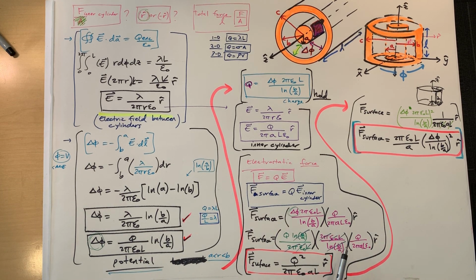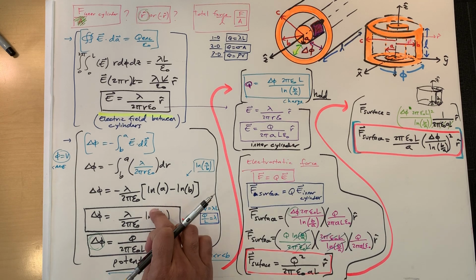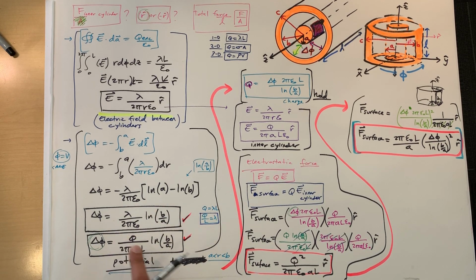Okay, canceling things out, we see that the epsilons, 2 pi, the L and the ln cancel. And we're left with the force on the surface is equal to this. And this is correct, this is fine, just like we have two representations for the potential.